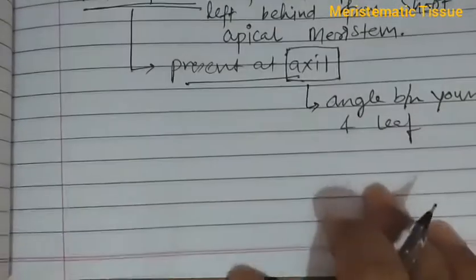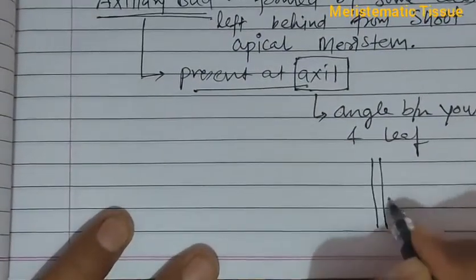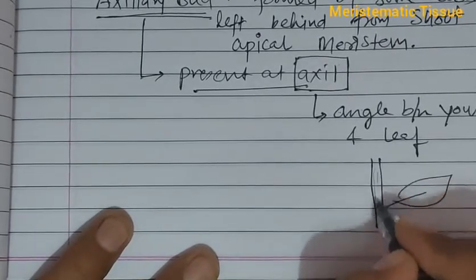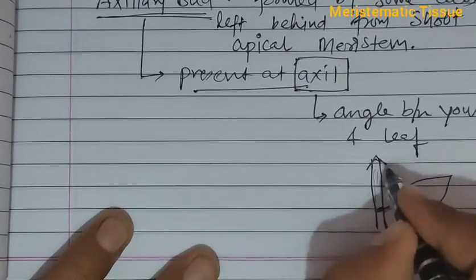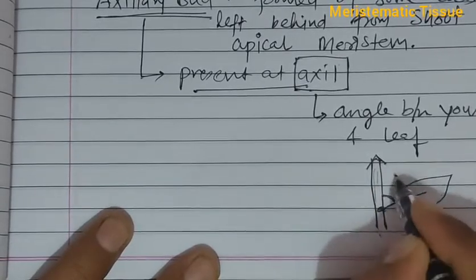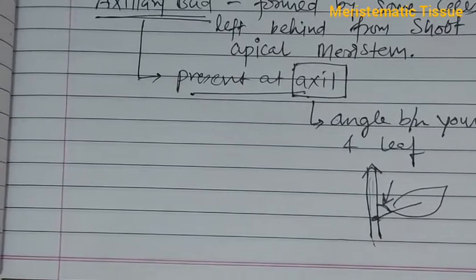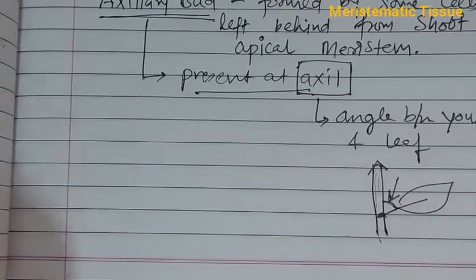Suppose this is the stem, and here if a leaf arises or the petiole is there, then this is the younger stem, this is the older stem, because growth is occurring like this, then this angle is known as the axil. So a bud which is present in the axil is known as an axillary bud.